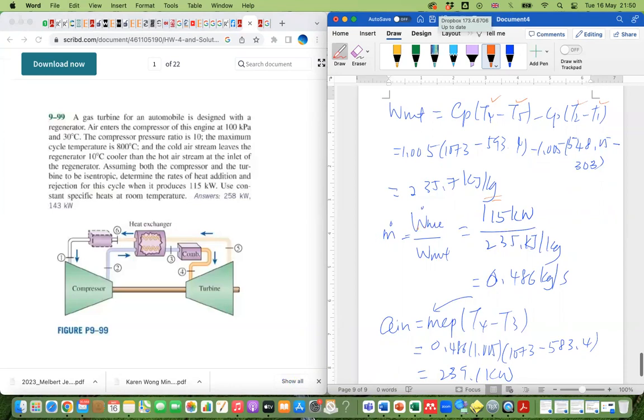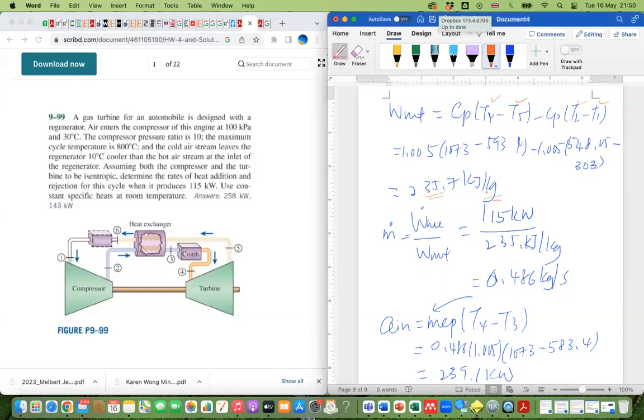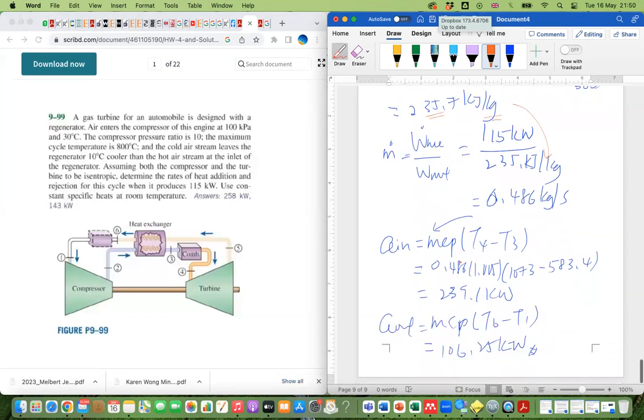So it's given that the net work is 115 kilowatt. Okay, then I have my net work per kg. I just put it here, and then I can have my mass flow rate. And then they want the Q in and Q out.